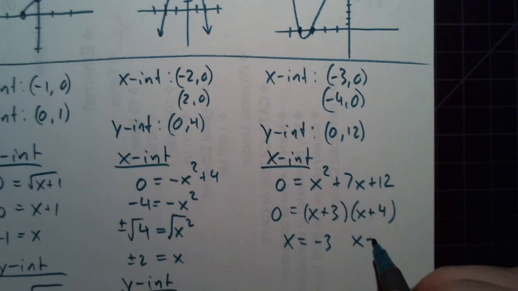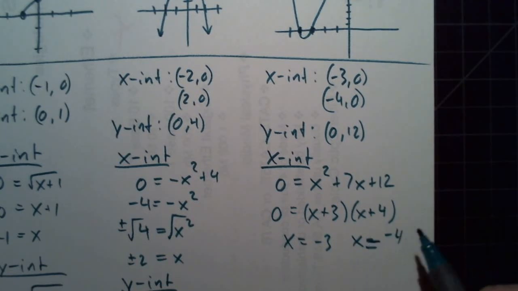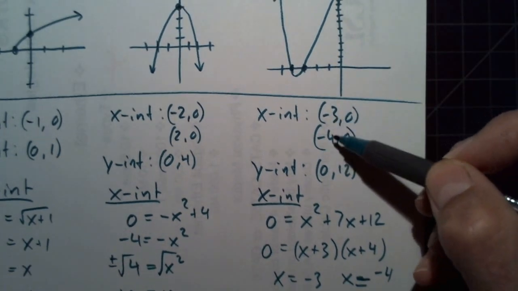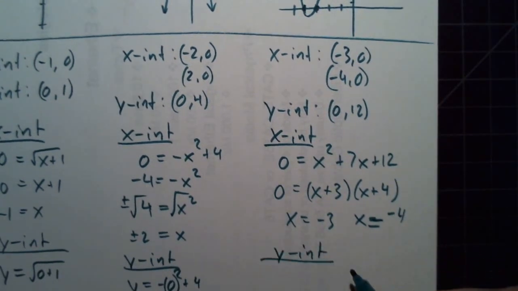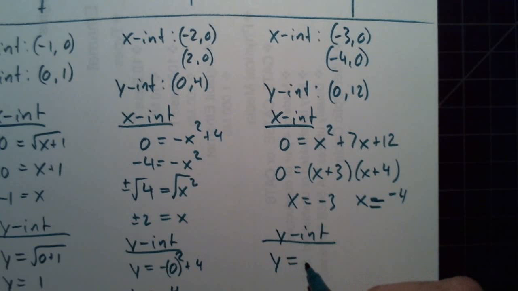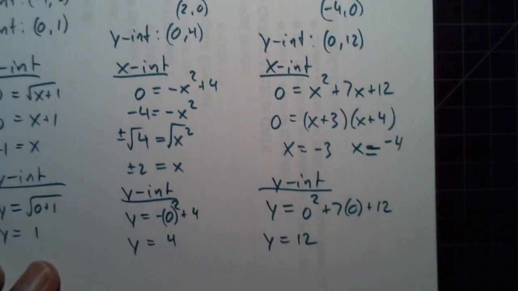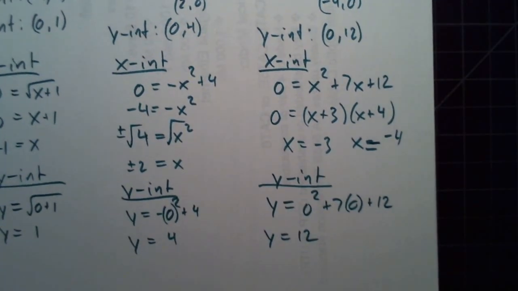So we get negative 3 and negative 4, which is what we saw on the graph. And then the y-intercept is when the x equals 0. We have y equals 0 squared plus 7 times 0 plus 12. Y equals 12. So that's what we also saw on the graph.